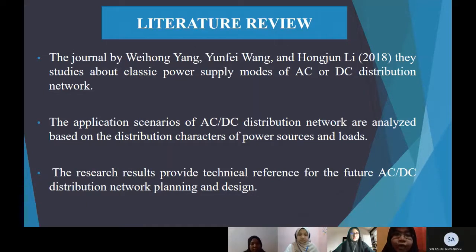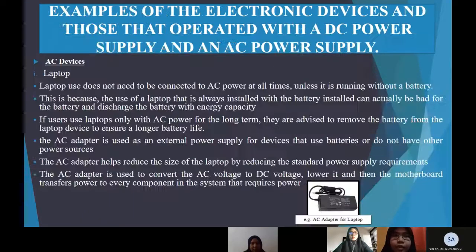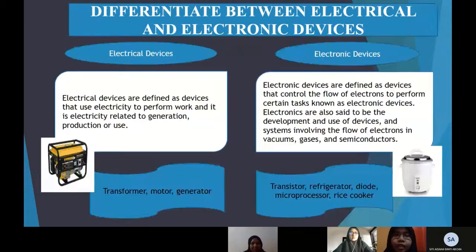My name is Nurul Ahmadin Fitriah binti Muhammad Nawi. I will continue my part about the difference between electrical and electronic device. Electrical devices are defined as devices that use electricity to perform work, and it is electricity related to generation, production, or use.